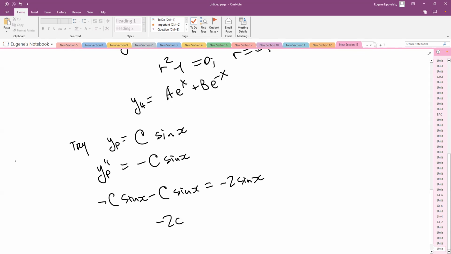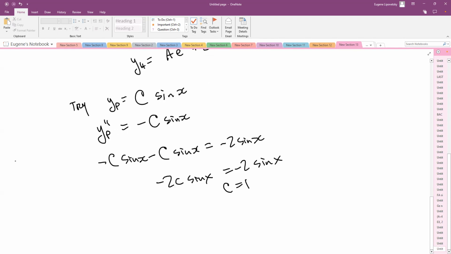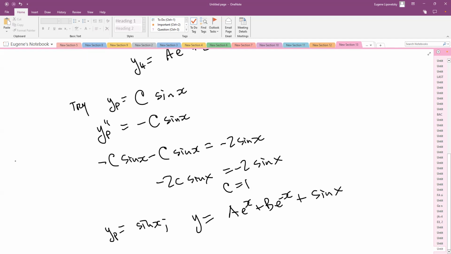Minus 2c sine x equals minus 2 sine x. So clearly c equals 1. And we have y particular equals sine x. So y equals a e to the x plus b e to the minus x plus sine x. That's the general solution.